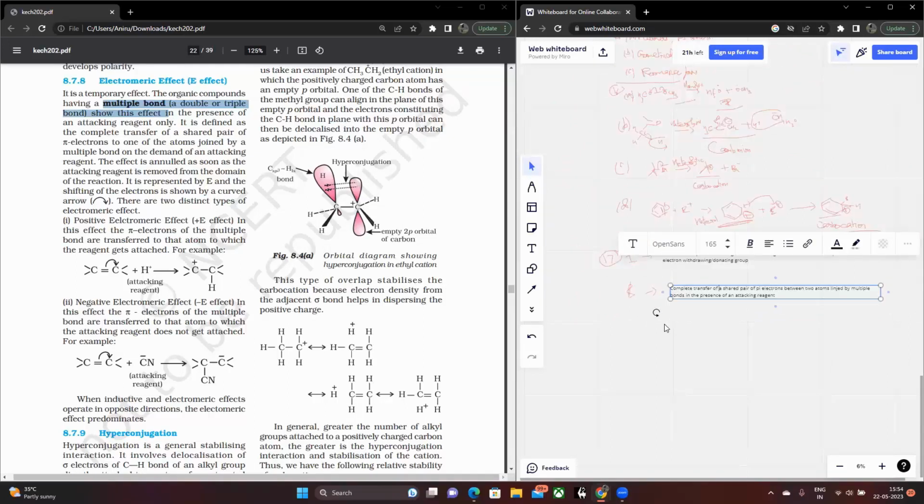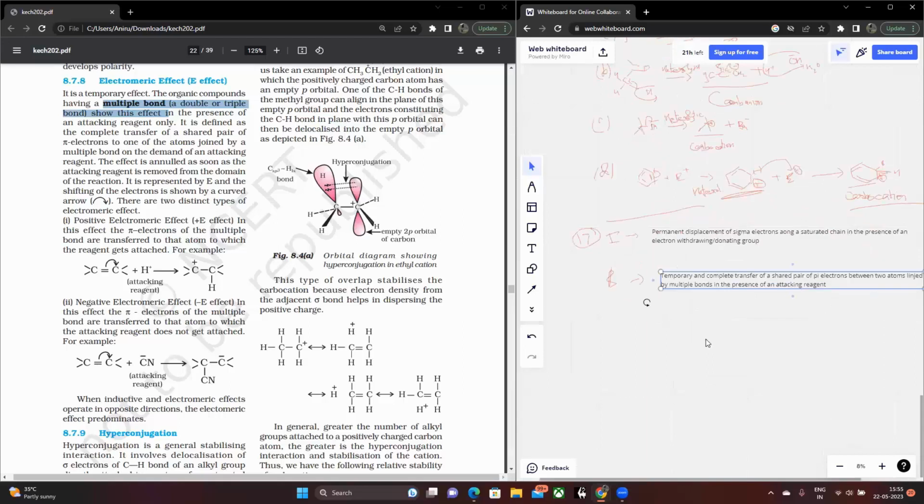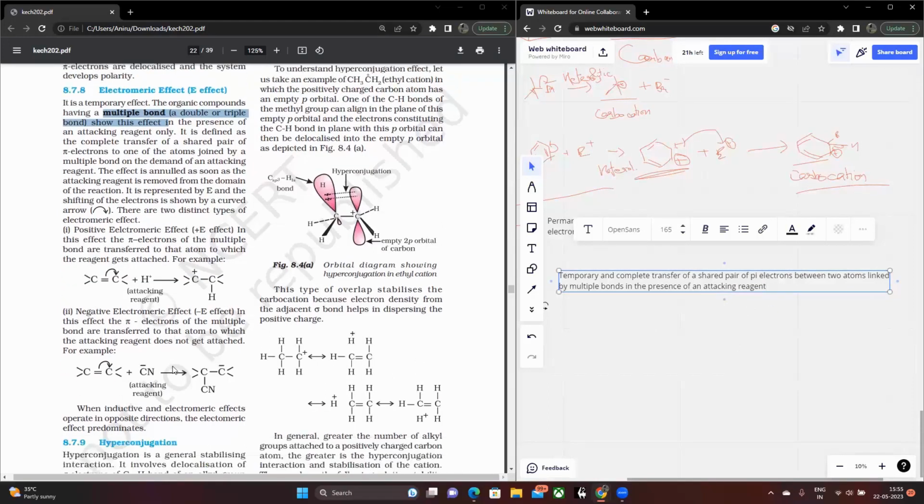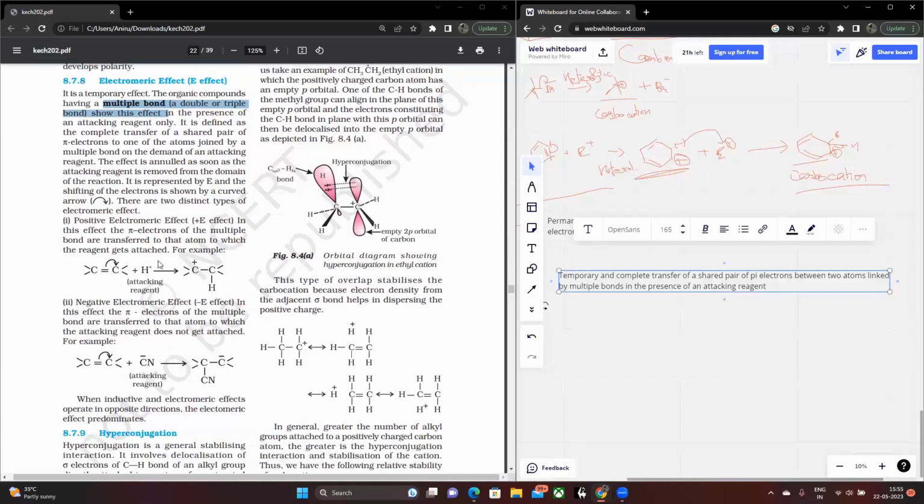The only thing I've left out is the temporary part. So it is the temporary and complete transfer of a shared pair of pi electrons between two atoms linked by multiple bonds in the presence of an attacking reagent. Two types, positive and negative.